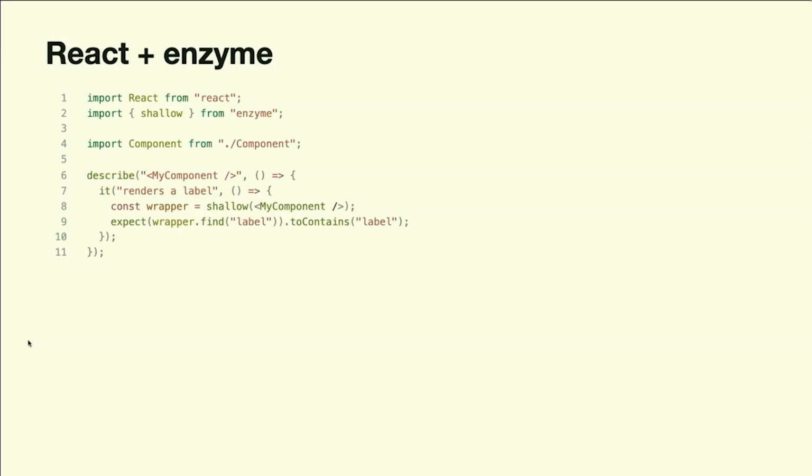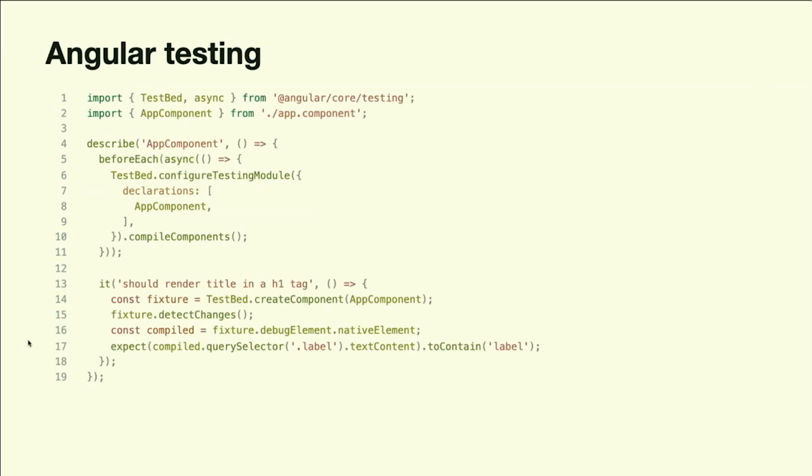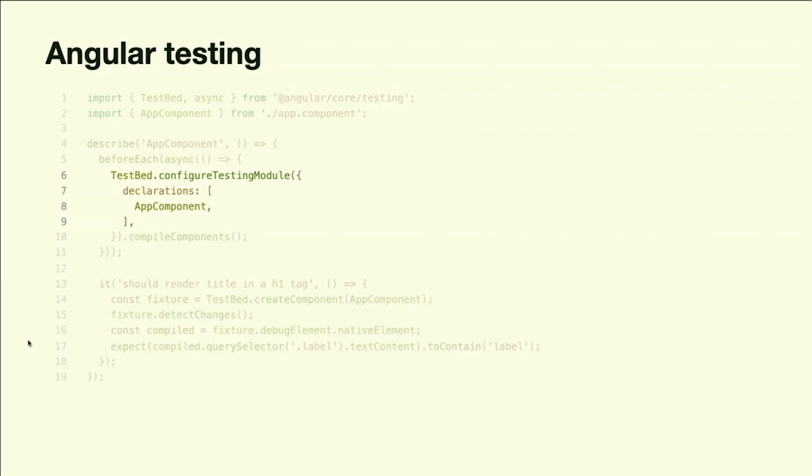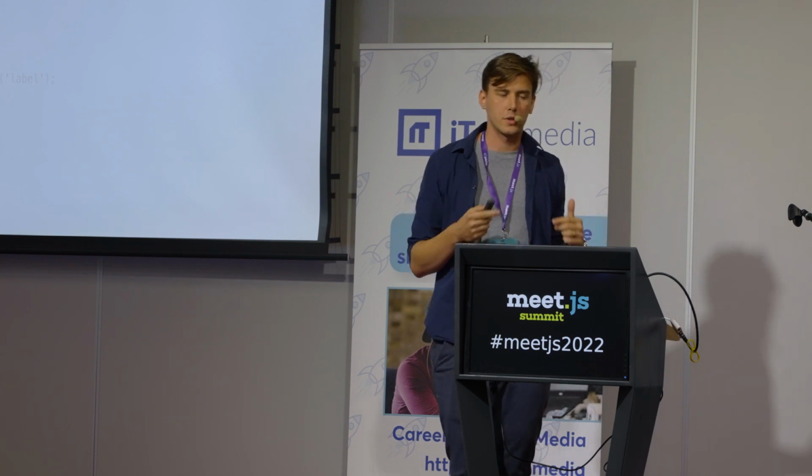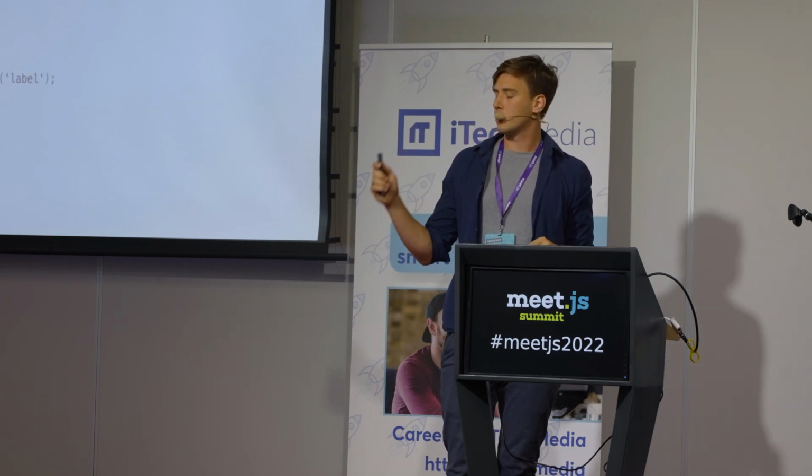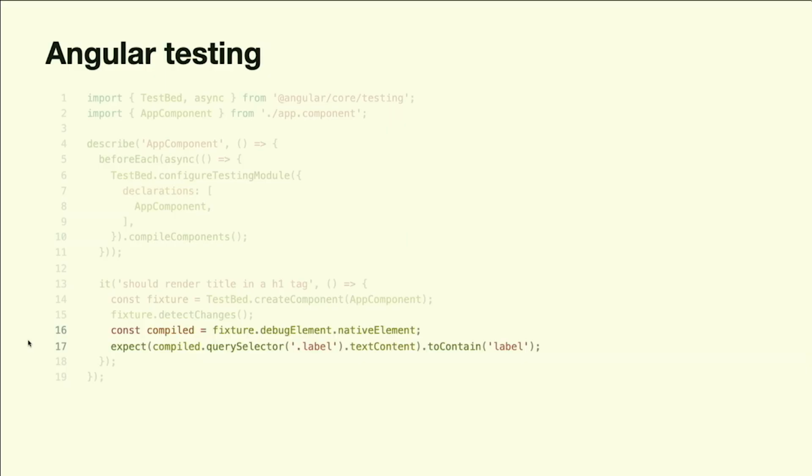In React, with Enzyme, for example, we can achieve something similar. However, shallow mount is not that exciting in React because components are usually more stateless. And in Angular, first we have to create a TestBed and configure it with all of the imported modules from our module, then manually compile it, then create a fixture from the TestBed, then from this fixture manually detect changes to run some proper lifecycle hooks, and then we have access to the compiled component.